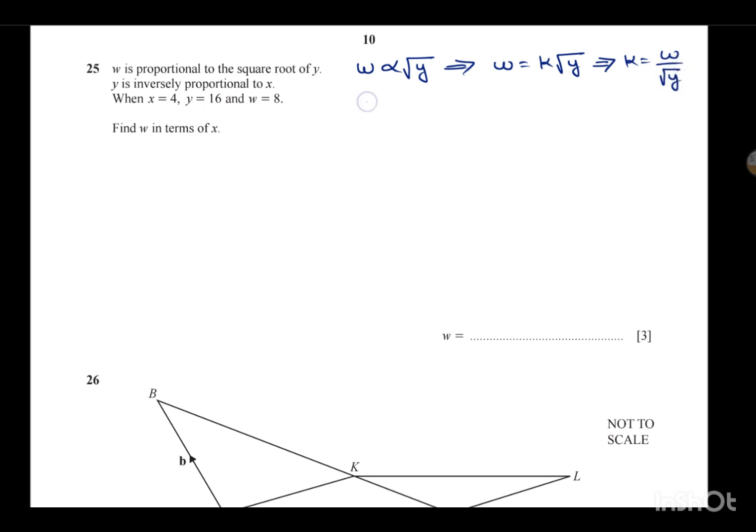Same way, now take y is inversely proportional to x. So this gives you y equal to, take another constant n, multiplied by 1 by x. So n will be x multiplied by y.